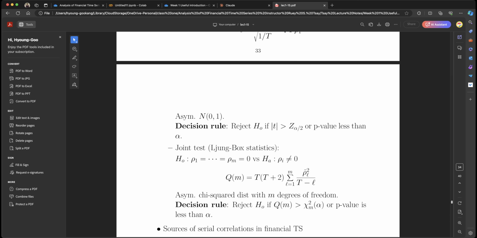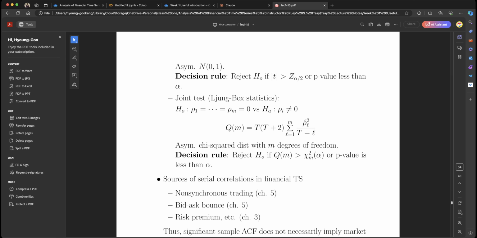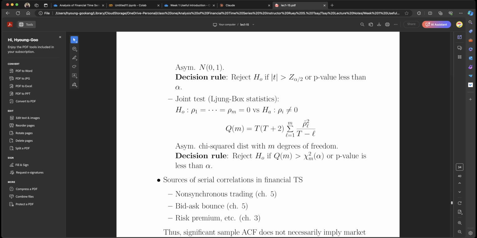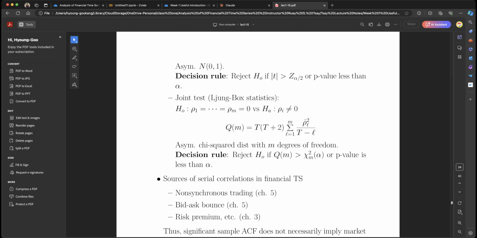We collect m period data, m correlations, and check that they are all jointly zero. Then we have the sample statistic, this one. If this is too large, we can reject this null hypothesis. Asymptotically, we calculate this with m degrees of freedom.